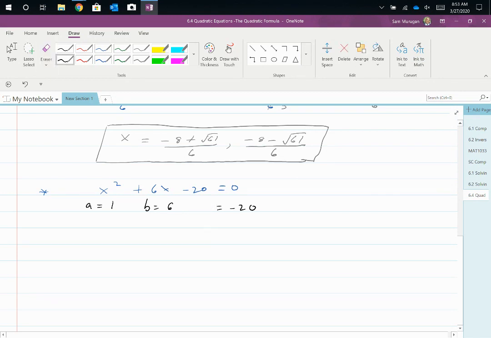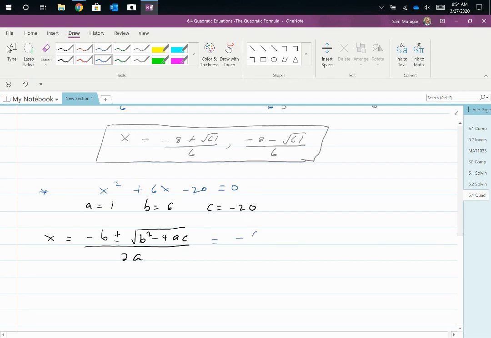X is equal to minus b plus or minus the square root of b squared minus 4ac over 2a. Now remember what I said, take one entire step to make your substitutions.